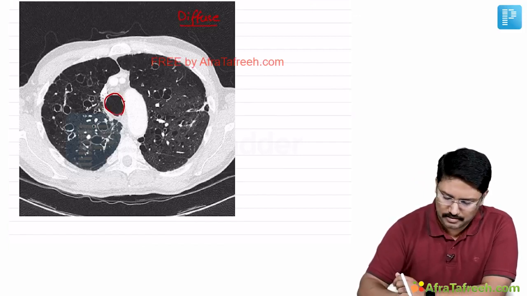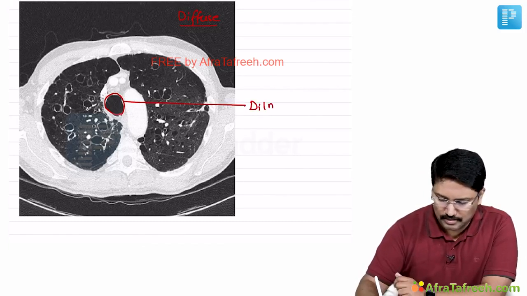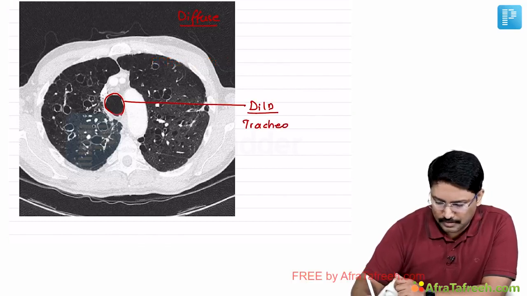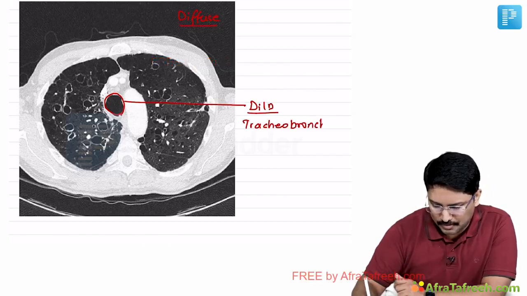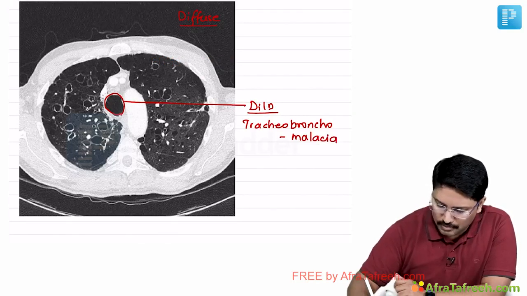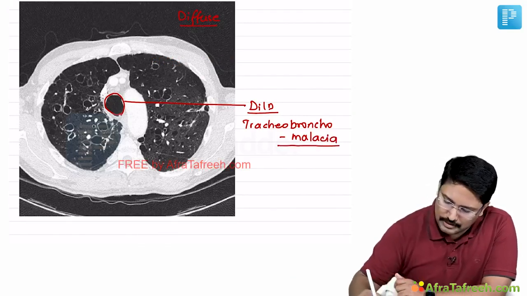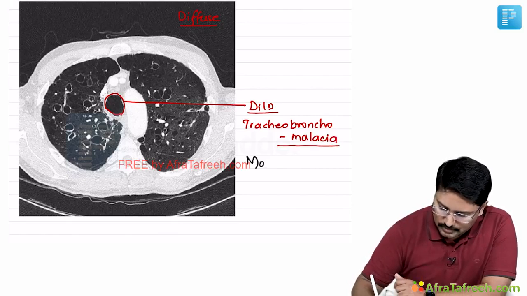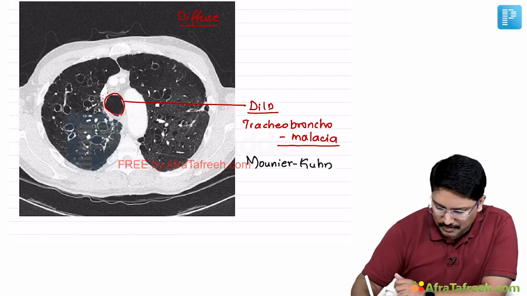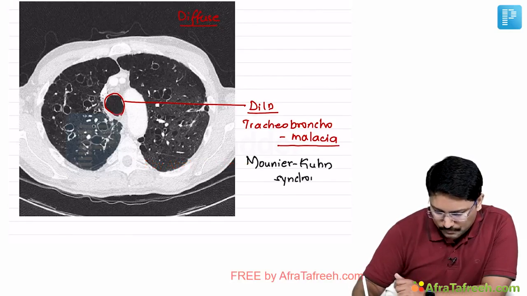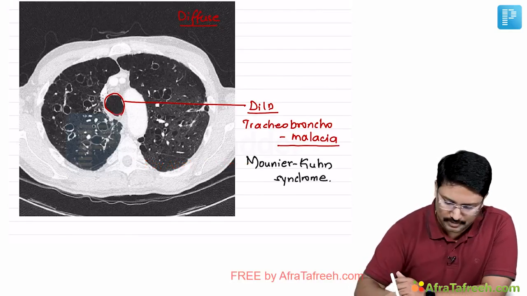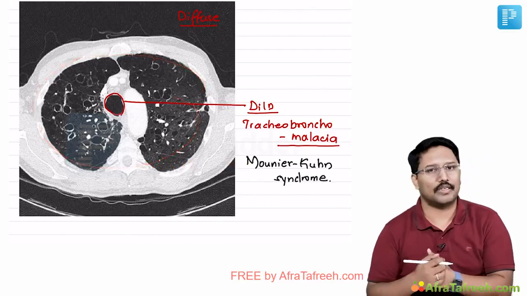So this dilation of the tracheal tree is because of the congenital tracheobronchomalacia, right? So which syndrome did we speak about when we spoke about congenital tracheobronchomalacia? We spoke about what is known as Mounier-Kuhn syndrome. So this is an HRCT of a patient with Mounier-Kuhn syndrome. It is again more diffuse, as I've already told you, congenital.